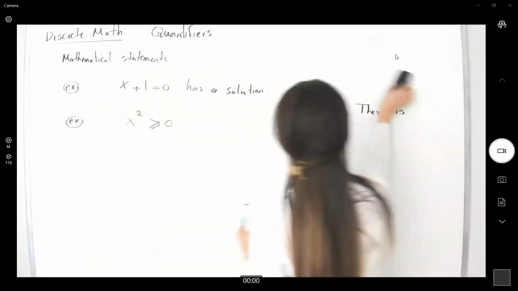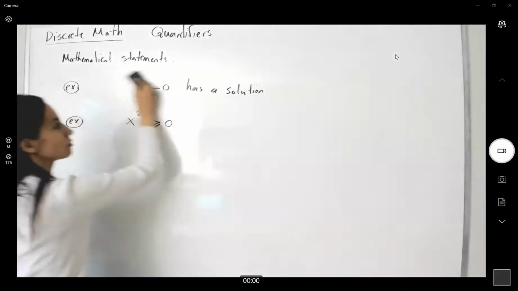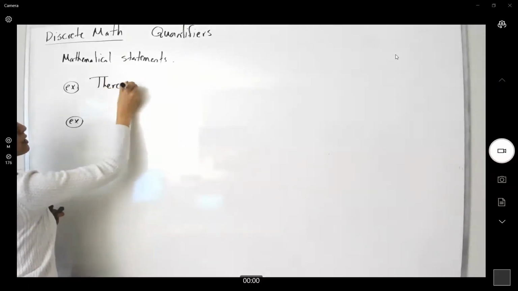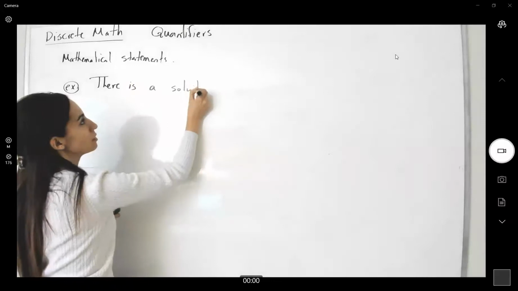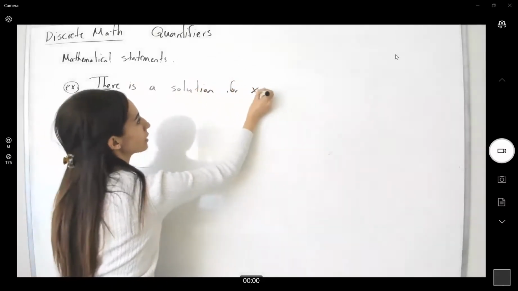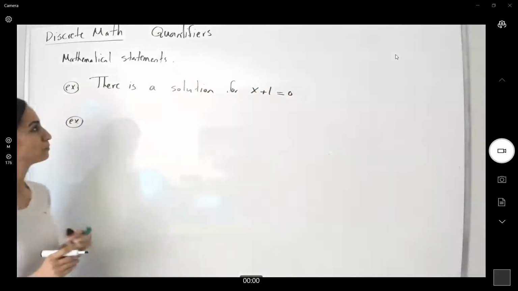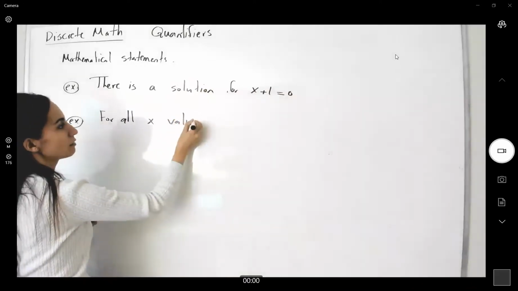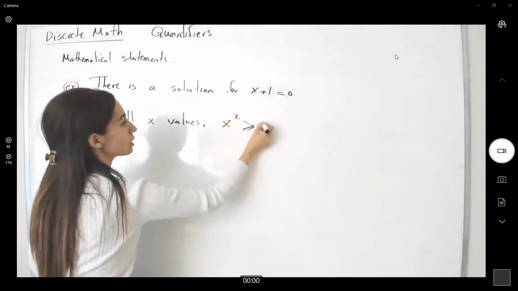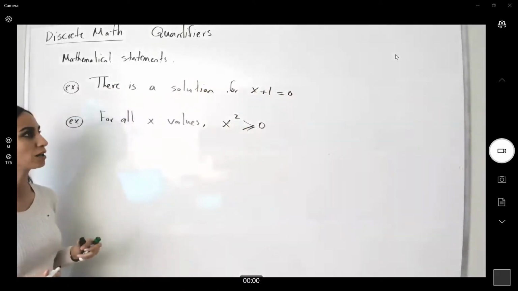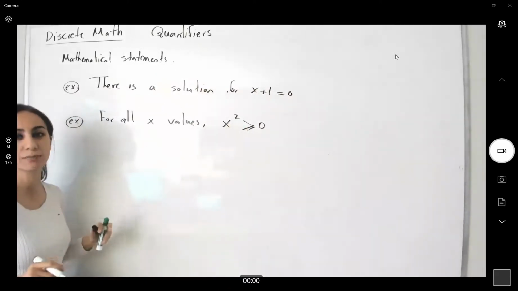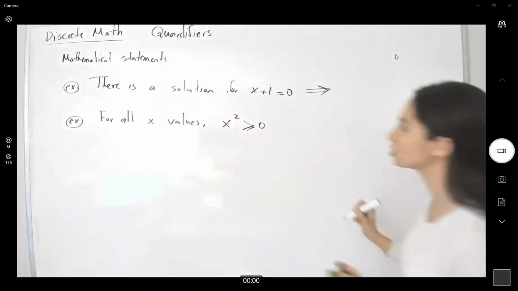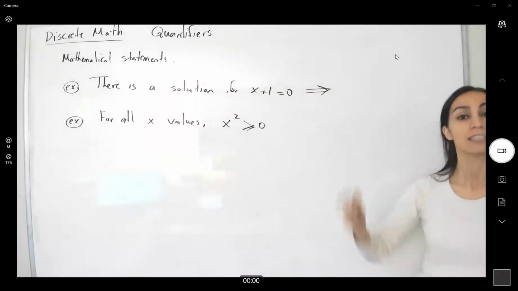So let me erase these. There is a solution for x plus 1 equal to 0. For all x values, x squared is greater than or equal to 0. Well, we can translate these two statements into mathematical form, logical form, this way. So the transition is going to be there is, there exists.